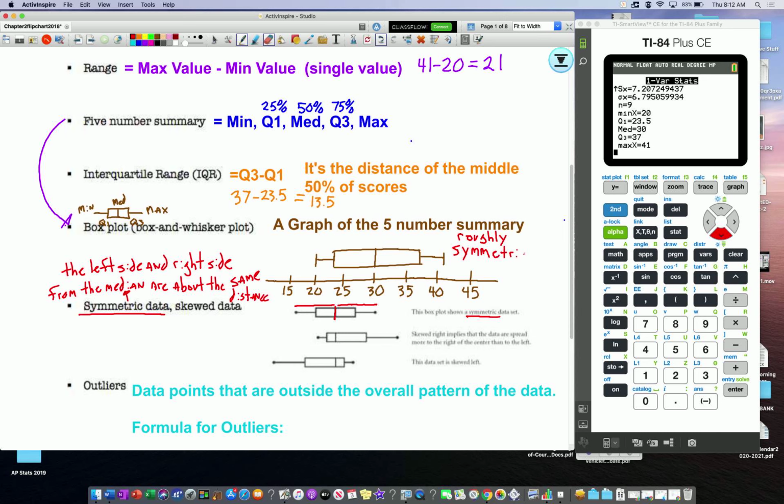All right, now skewed data is where one side is longer than the other side.